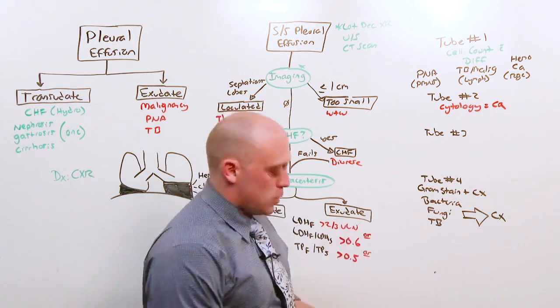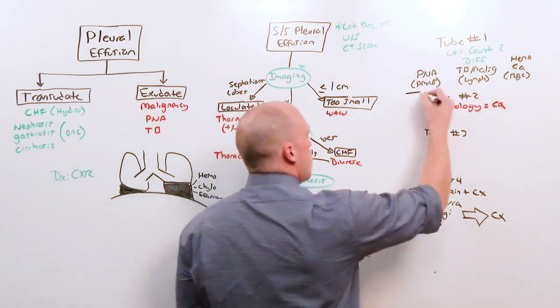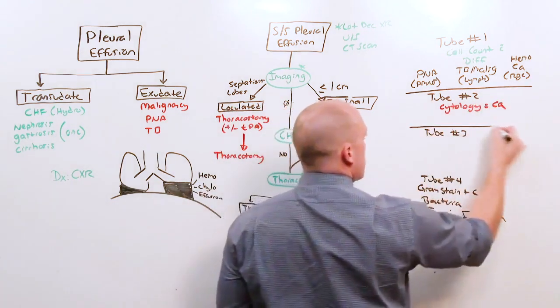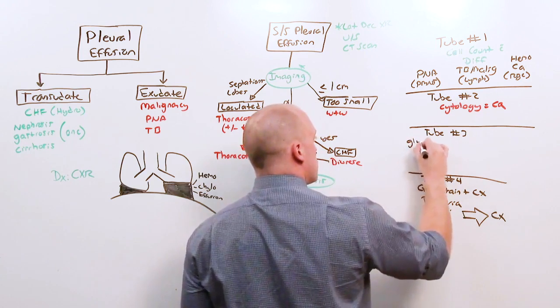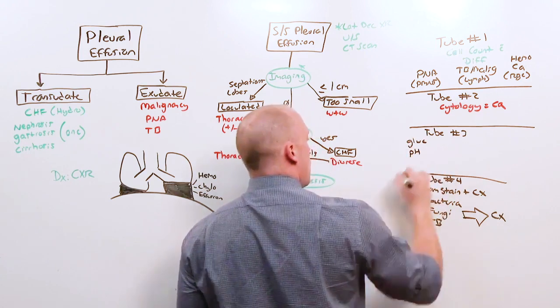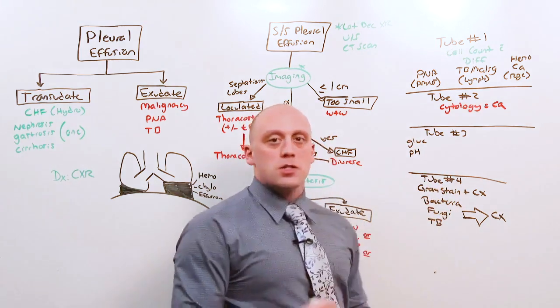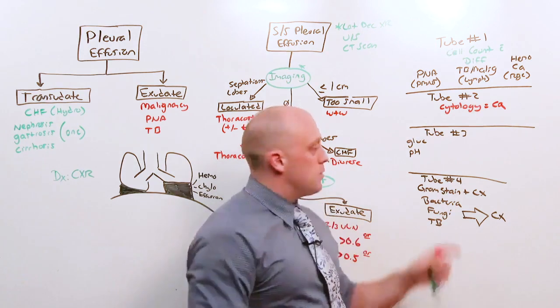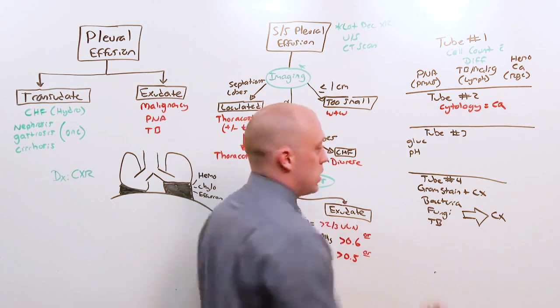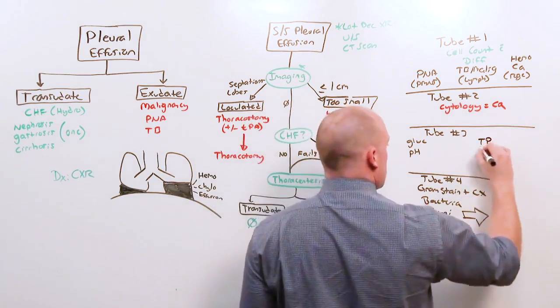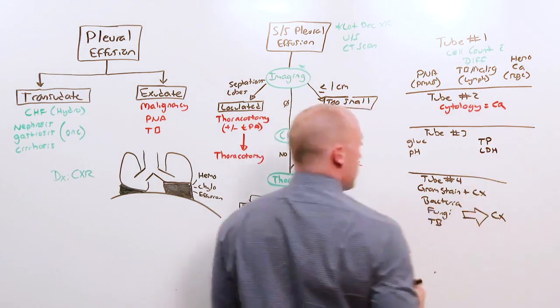And the fun stuff in tube number 3. This is the stuff I don't want you to commit to memory, but I want you to hear about it so that you know about it when it comes up. Things like the glucose and the pH aren't useless. They're just not pathognomonic. They can be useful for differentiating complicated pleural effusions. Of course, you're going to send off for the total protein and the LDH to do your Light's criteria.